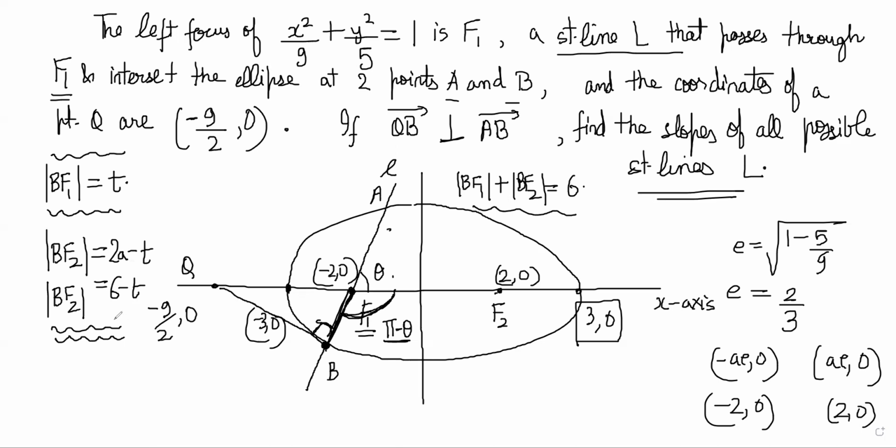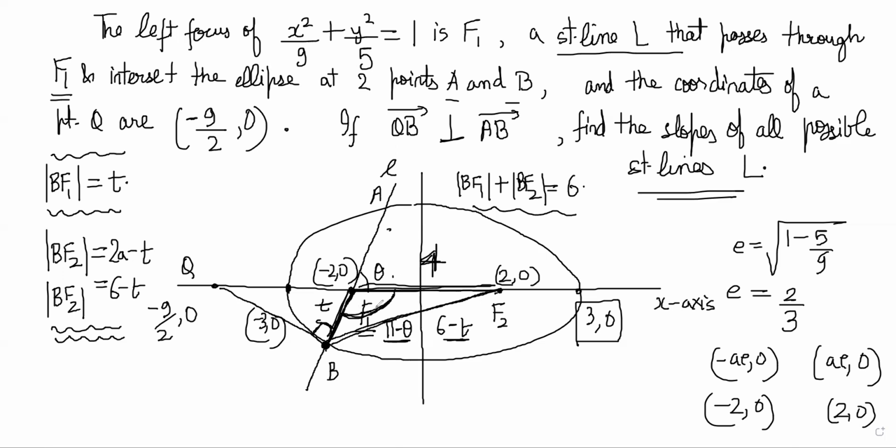Great. Now, what I want you to notice is that in triangle F1 B F2, we can make this triangle. In this triangle, we know the length of this side. This is 4. We know this is T, and we know this is 6 minus T, right? Great.